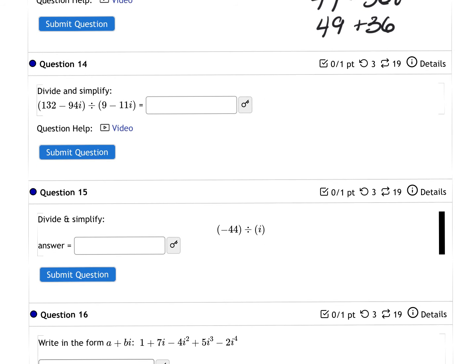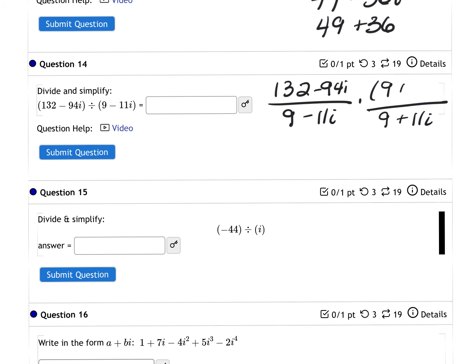Now you're getting into this division, which is why we need the conjugates. So what I'm going to do here is multiply the top and bottom by the conjugate of this. So my bottom is going to be 81 minus 121i squared.